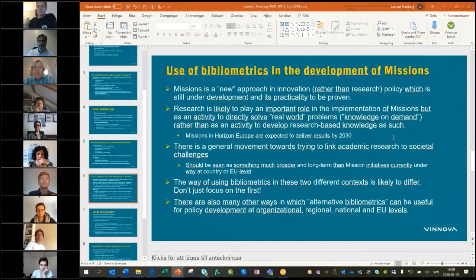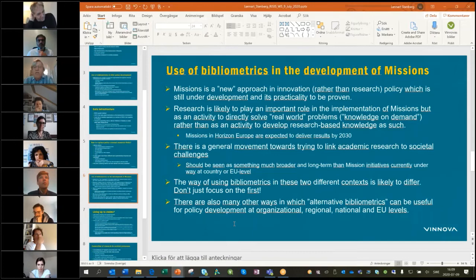In terms of its relation or possible use for missions, I think we have to recognize that the whole concept of missions as an approach in innovation policy, rather than research policy, is a very recent development, and one is now trying to practice it.